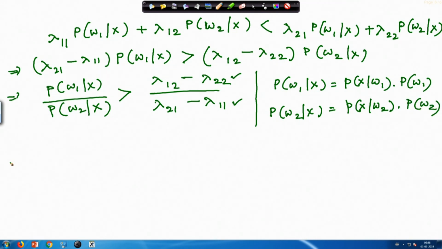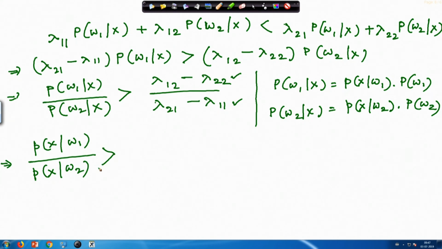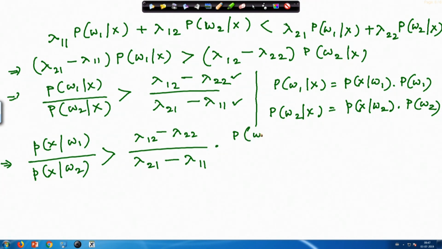So, using this, now this expression can be written as p of x given omega 1 upon p of x given omega 2 has to be greater than (lambda 1 2 minus lambda 2 2) upon (lambda 2 1 minus lambda 1 1) into p of omega 2 upon p of omega 1.